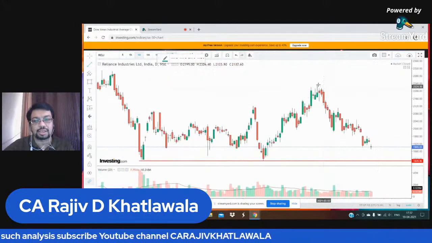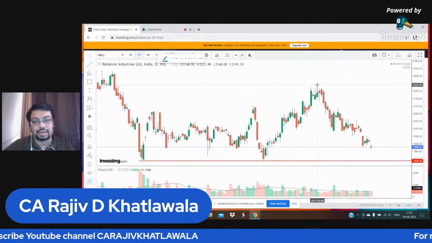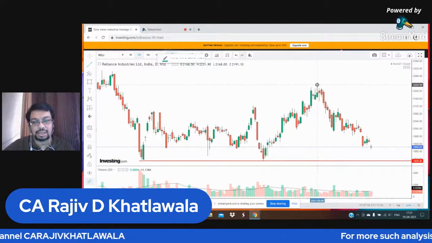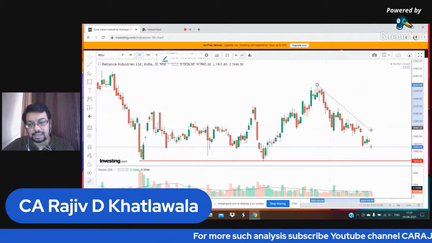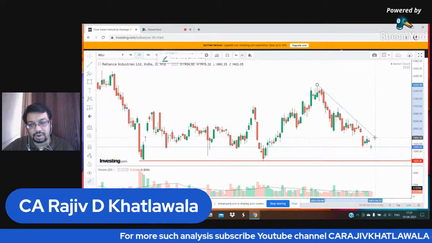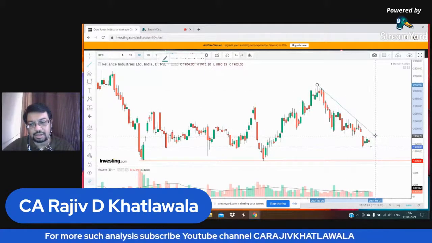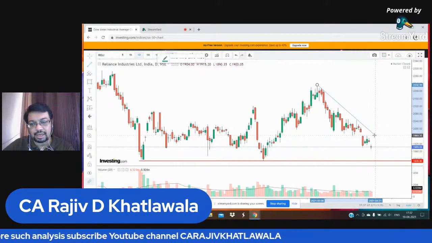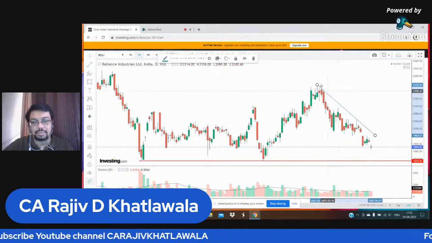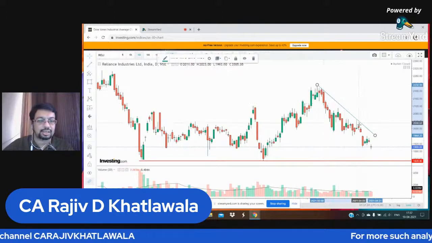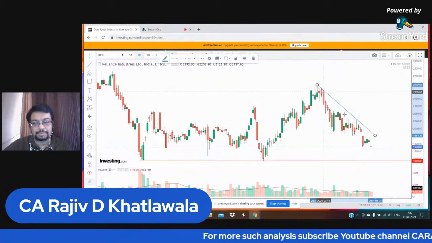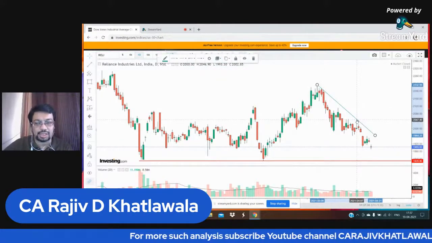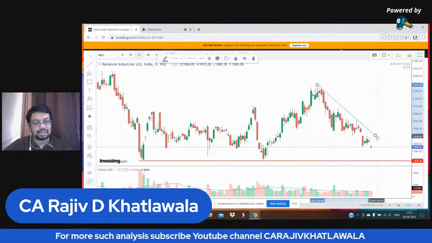I'm just expanding the chart right now, and from this recent high it made of around 2030, the price has fallen. I'm just taking the last few days of data and joining the intermediate highs that the stock has made. So these are the points A, B, and C. These are the 3 points which I'm joining, and I have extended that line.